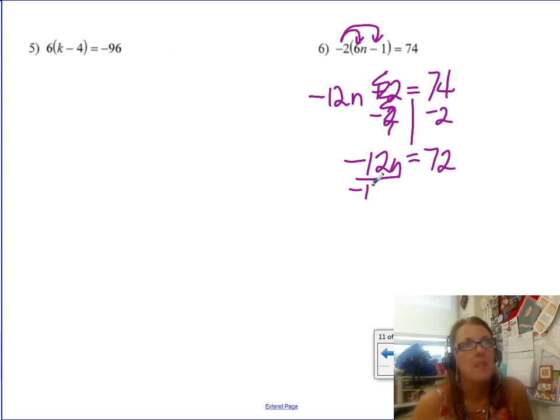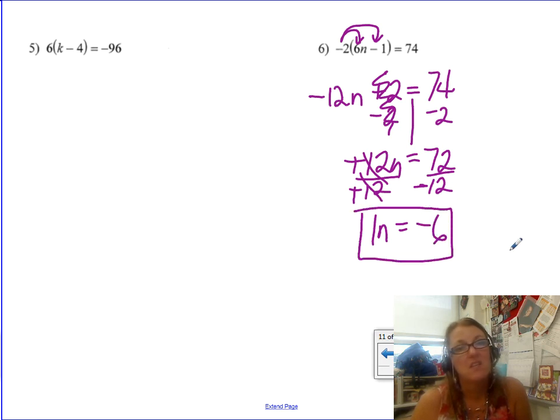Sweet. Divide by negative 12. Divide by negative 12. That's positive 1. And, oops. Do you see what I did? I forgot to put a negative sign there. Naughty, naughty. Because you should get negative 6. Check your answer just to make sure. Go ahead and plug in what is 6 times negative 6 and then minus 1.